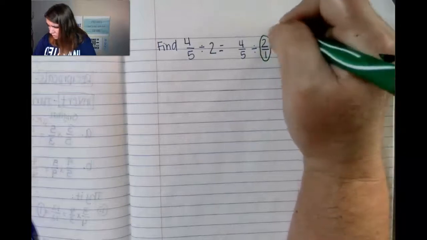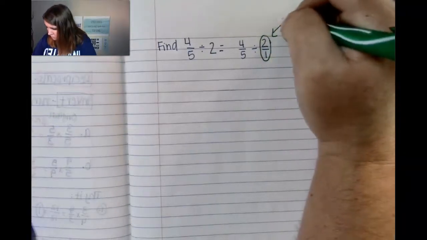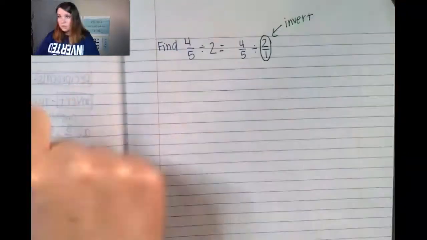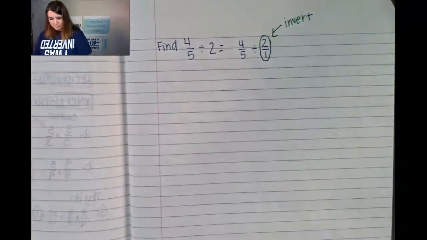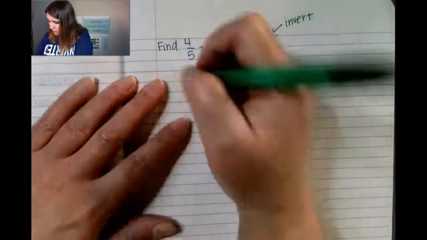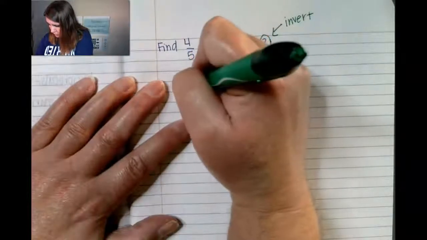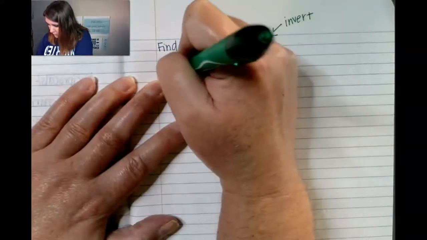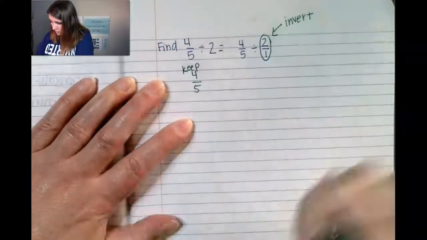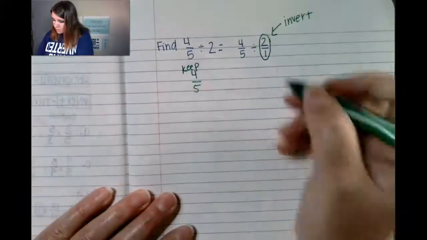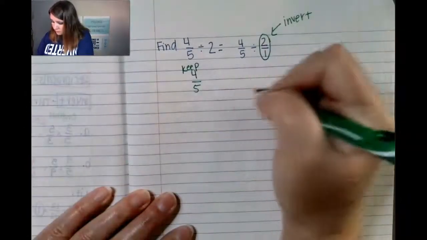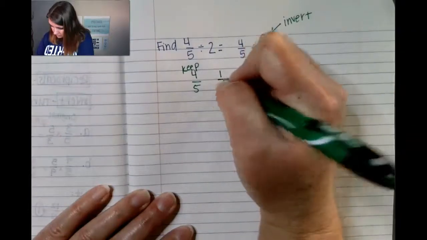I need to invert that guy. Okay, I'm going to invert it. Are you ready? So I'm going to now keep 4/5. I'm going to keep it. I'm going to invert it or flip it.